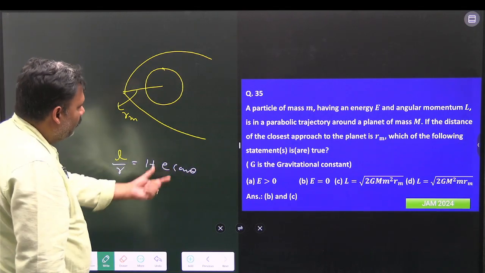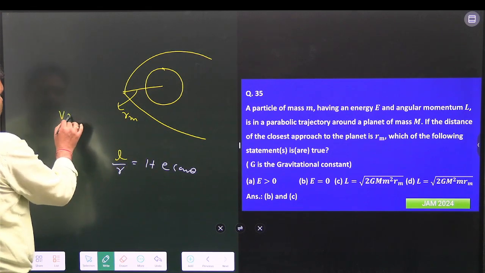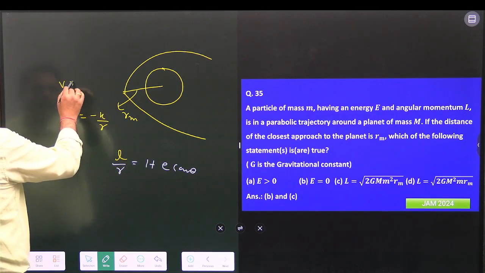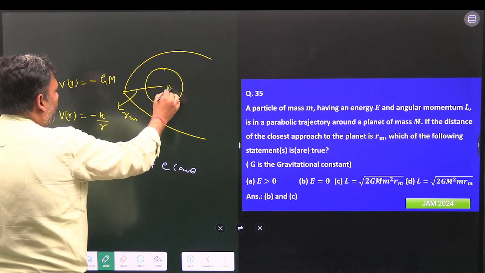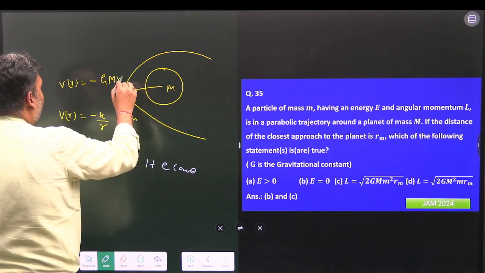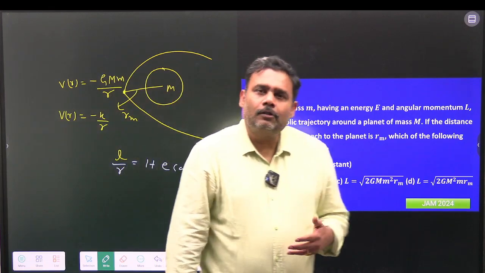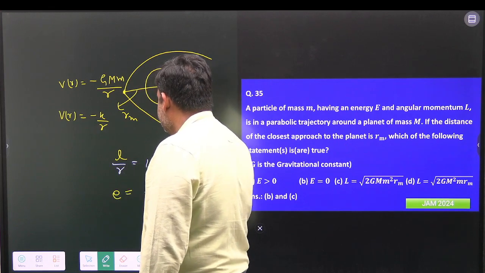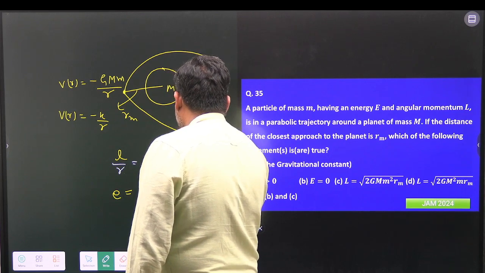For the Kepler potential, V(r) is equal to minus K by r, where K is equal to G, capital M, the mass of the planet, and small m, the mass of the particle. So this is your V(r). We also have the relationship between eccentricity and energy: e equal to the square root of 1 plus 2 E L squared upon m K squared.